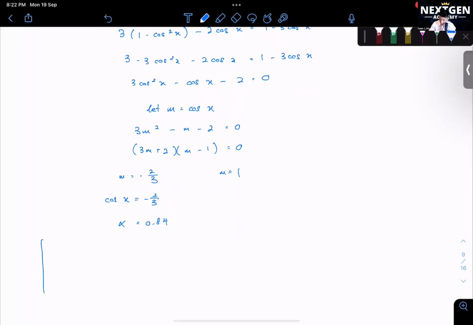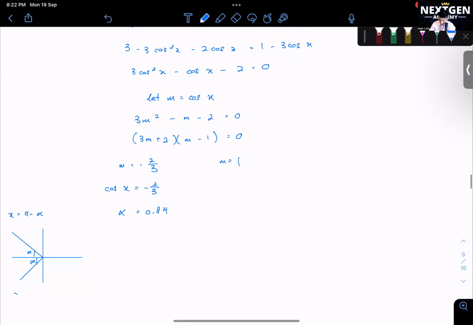Cos graph, since cos is negative, so here and here. Second and third quadrant. Second quadrant will be x equals to pi minus alpha. This one x equals to pi plus alpha. We should get x equals to 2.3 and 3.98.